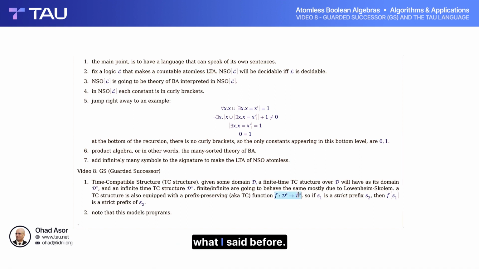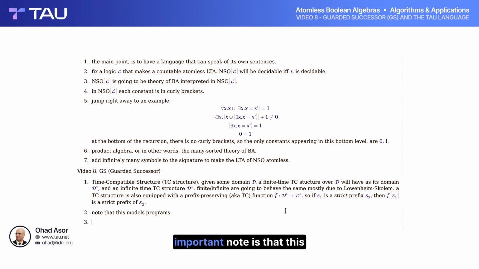Another comment about what I said before: this f may take n sequences and return k sequences, but everything I'm going to say about time-compatible structures and the guarded successor, I will speak about mostly as taking one sequence and returning one sequence. It will all apply mutatis mutandis to taking several sequences and returning several sequences.